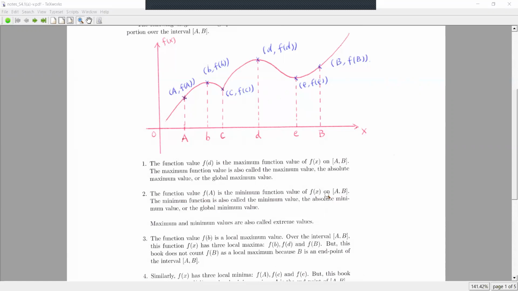It is important to emphasize that this is the minimum function value on this interval. That is the minimum function value of this portion, not the minimum function value of the whole graph.